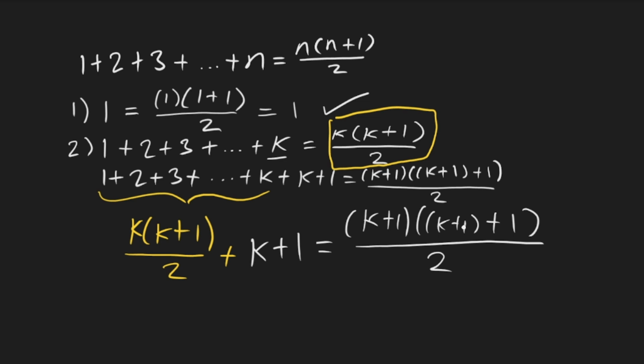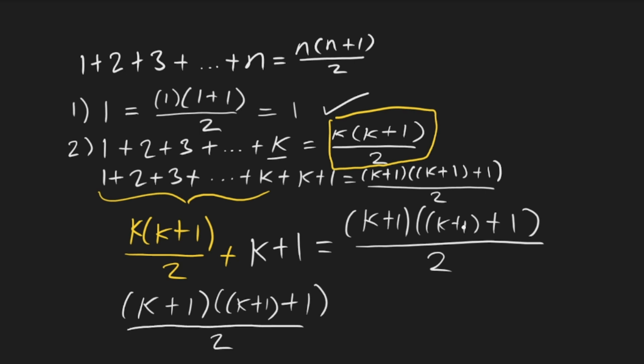Now all we need to do is do some simplification and show that these two sides are equal. And you'll find that that is actually the case. If we simplify the left to look more like the right, we get the same answer.